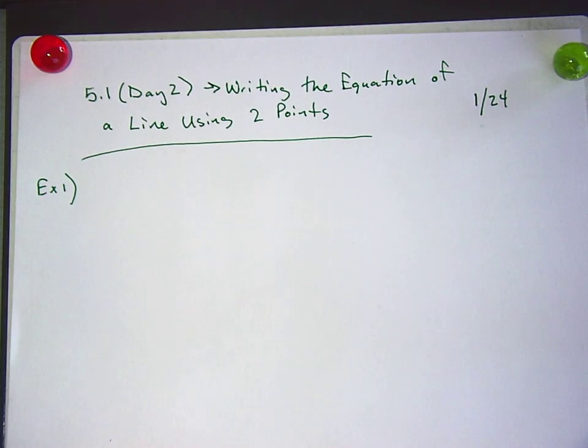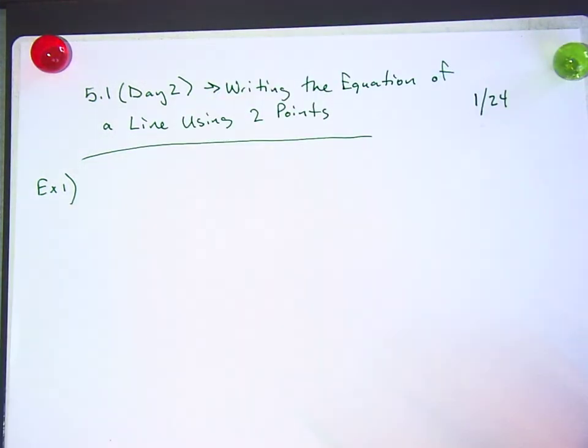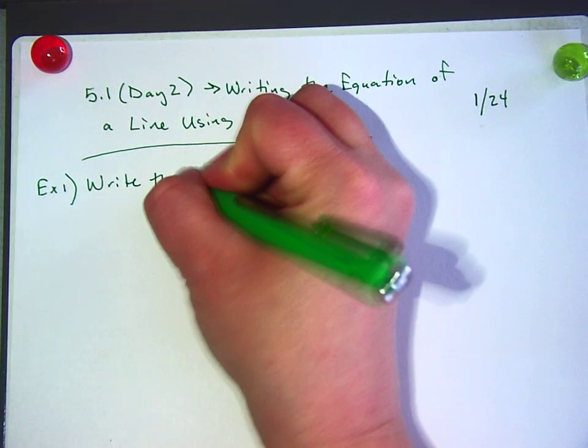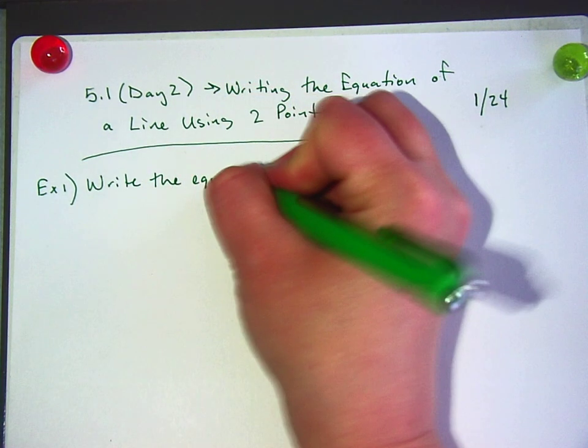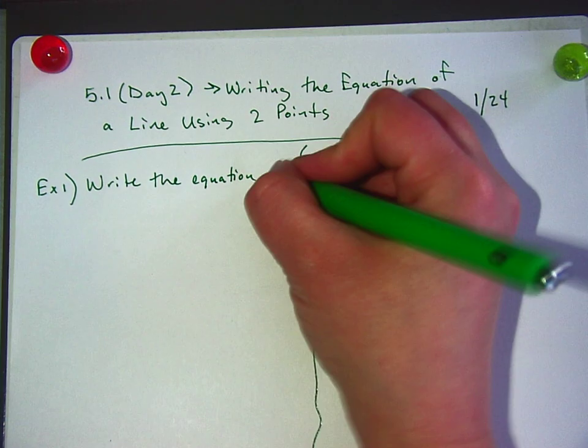Here we go. So example 1 is going to be: write the equation of a line. And remember, we're going to do this thing where we split it into two.